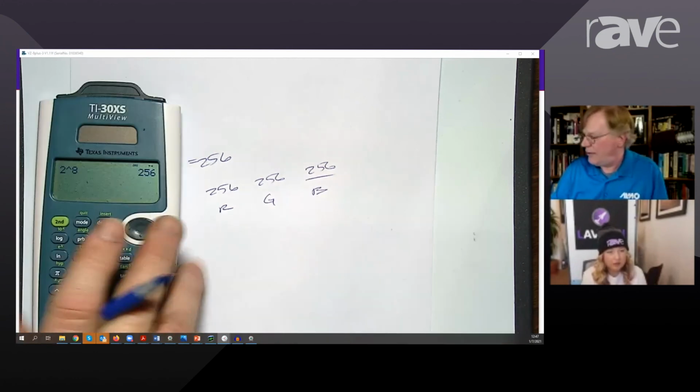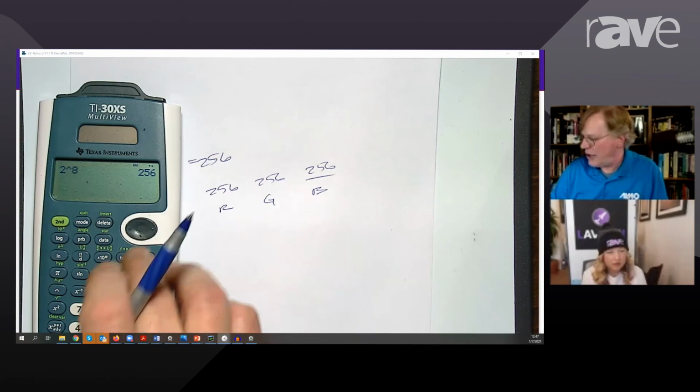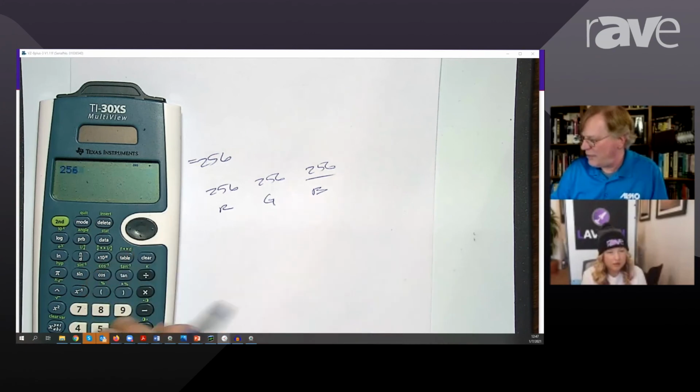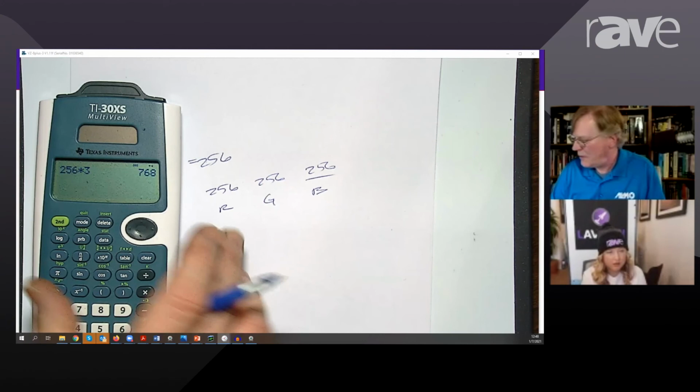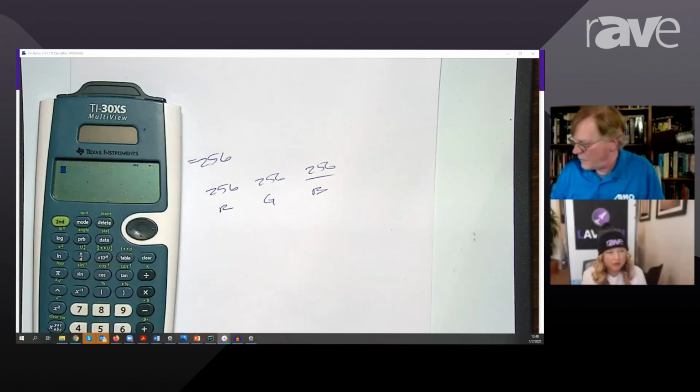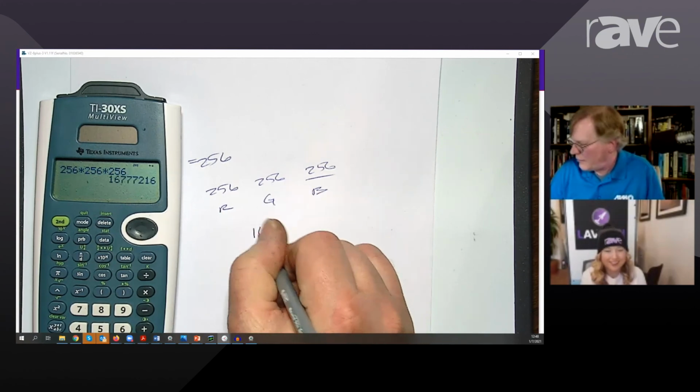Given the combinations, how many possible colors can be represented? 256 times 3? That doesn't look right. Oh, 256 to the power of 3. There we go. That looks right.